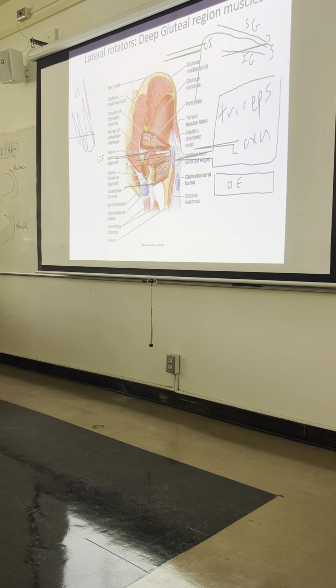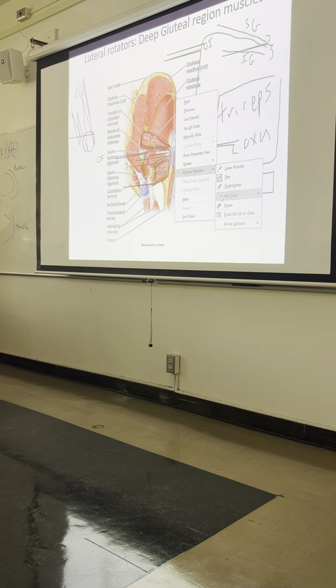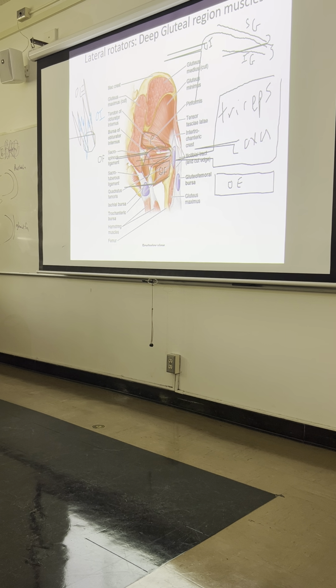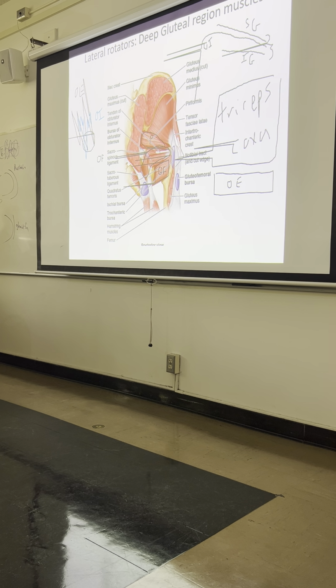Well, that's horrible. And then the other one's on the inside. That's obturator internus. Please don't draw like that in your exam. That's the world's worst attempt ever at drawing obturator externus and internus. I'll show you a picture later.